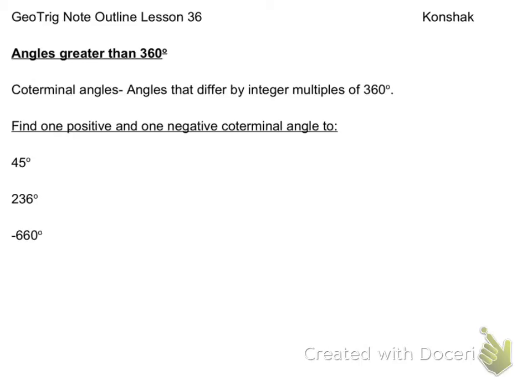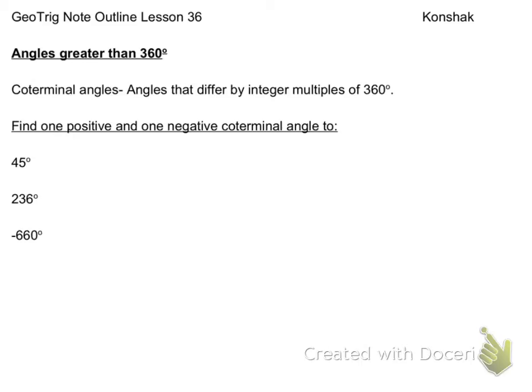So, to highlight this idea that we're going to have to find not only positive but also negative coterminal angles at times, I want you to take these 3 angles here, and find one positive coterminal angle and one negative coterminal angle. If it's a positive angle, it's really easy to find a positive coterminal angle. Because all you have to do is what?